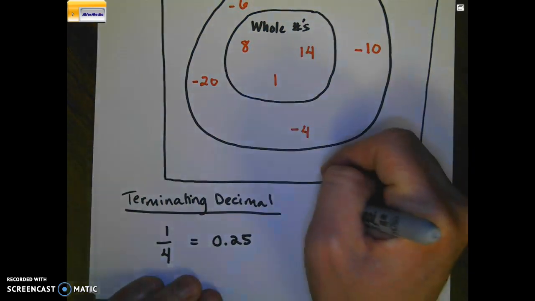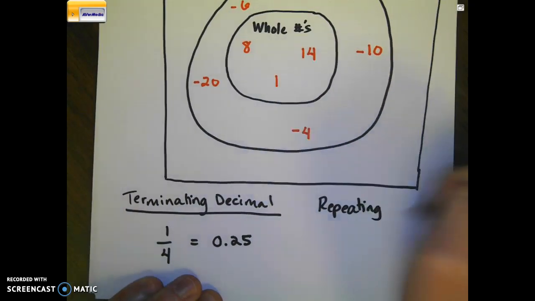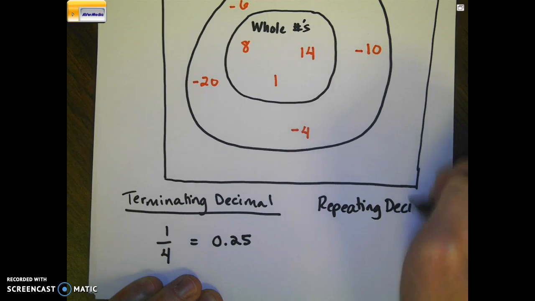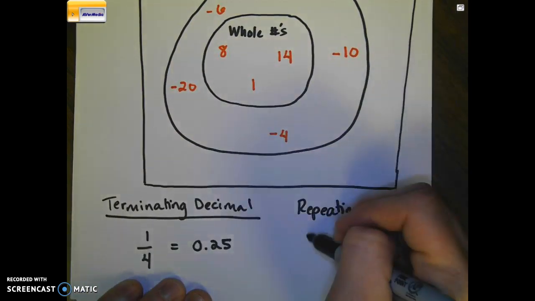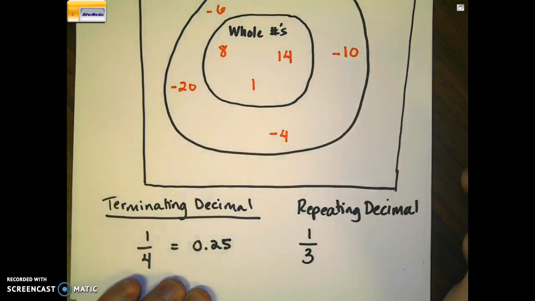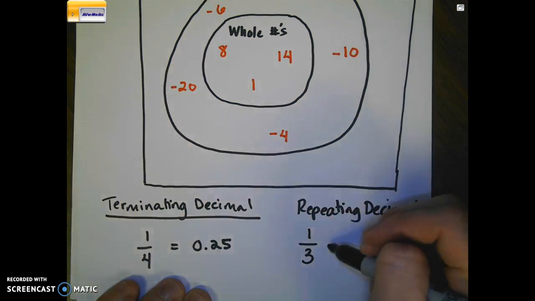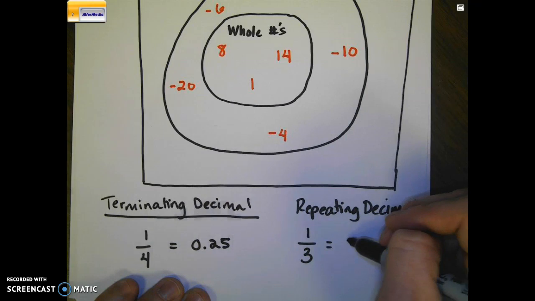Now, a repeating decimal, we've talked about this in class, and you've seen it before, is, here we go. What if we have 1/3? You need 1/3 cup of flour to make that bread, okay? 1/3, what keeps repeating? The 3.